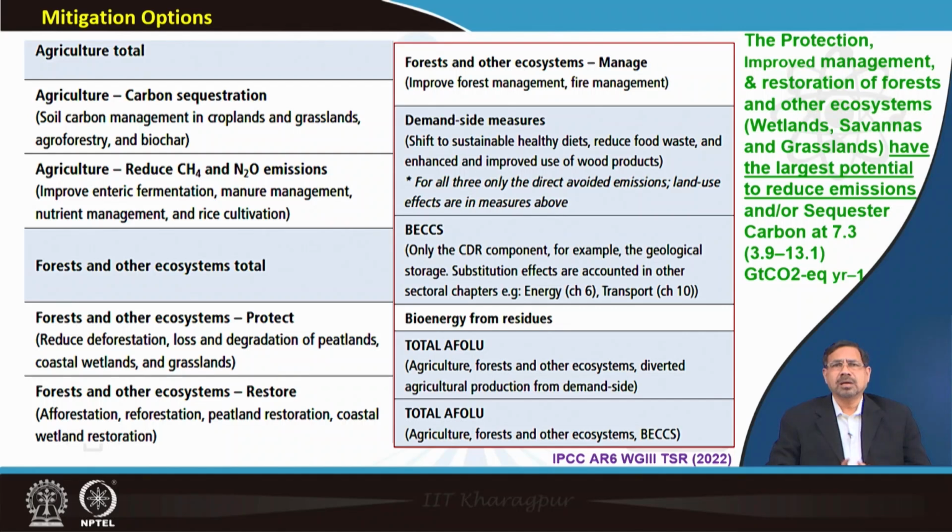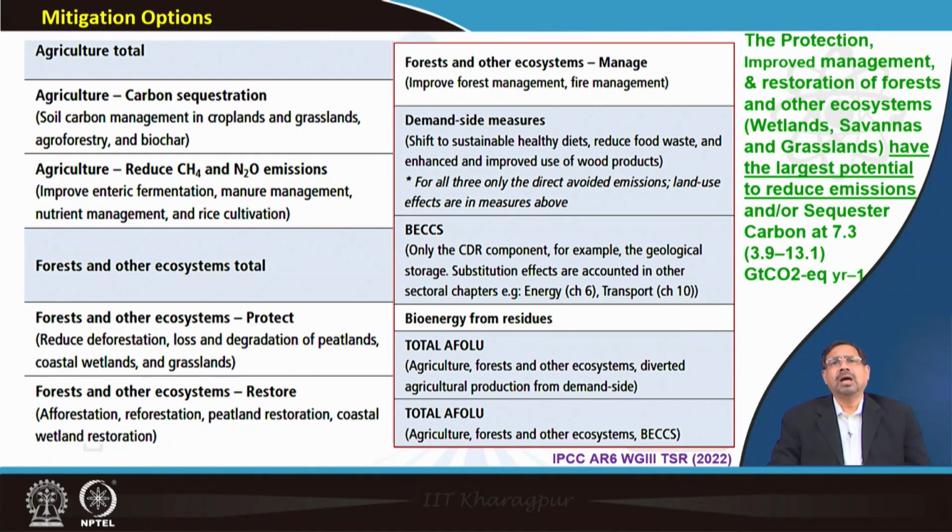If we do all three, then perhaps we can directly avoid a lot of emissions. So land use effects are in the measures above, so that we can avoid a lot of emissions from these sectors.